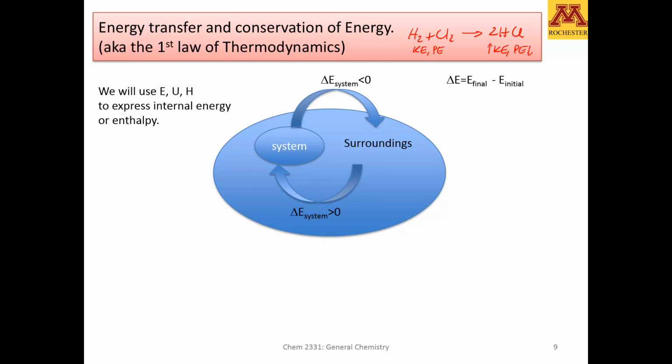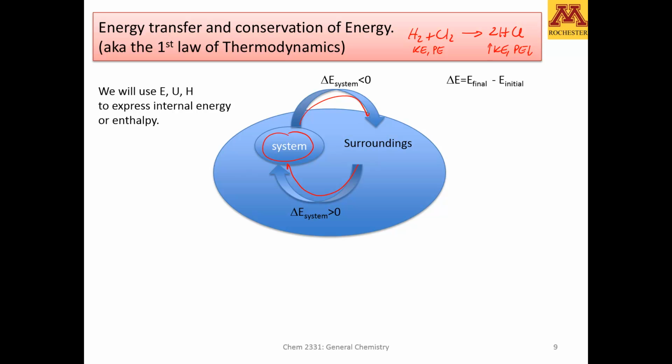What we're going to do now is look at what happens when this system, or any system, exchanges energy: when your system may lose energy to the surroundings, or when the surroundings provide energy to the system.